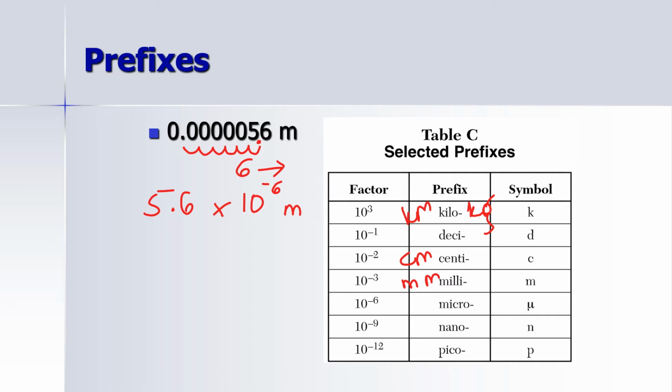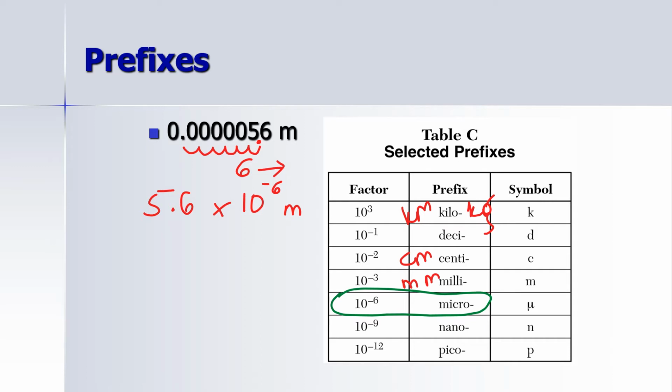Now here's the thing. When scientists came up with the scientific notation, they wanted to have an even smaller form to write these numbers because they were like, we don't want to write all these powers of 10. So why don't we just come up with a shorter form of them? If you try to find this 10 to the power of negative 6 in this table, there we have it. And the prefix for that is micro, represented by that small u.